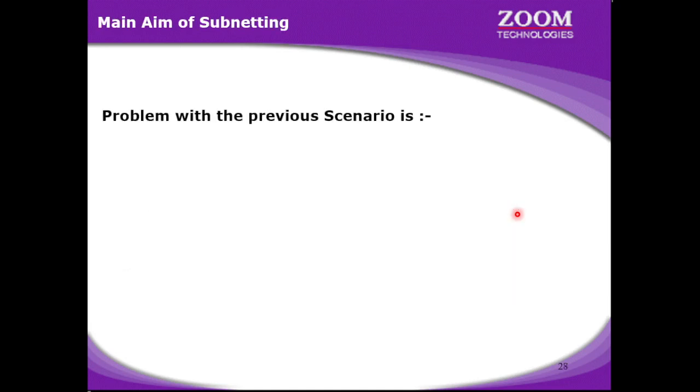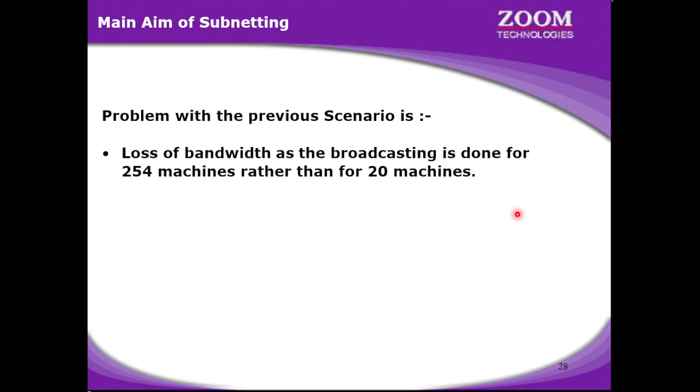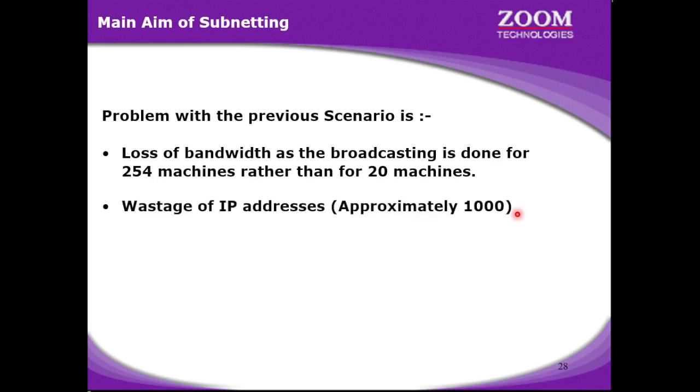So, ang nangyayari po dyan, isang problema is the loss of bandwidth as broadcasting is done for 254 machines rather than 20 machines. So, sayang po yung 234 no, na slots for broadcasting. At nagkakaroon po tayo ng wastage of IP address.